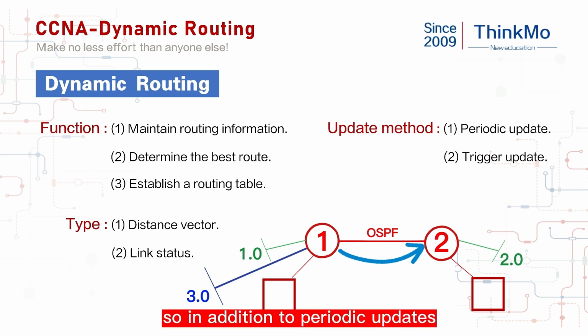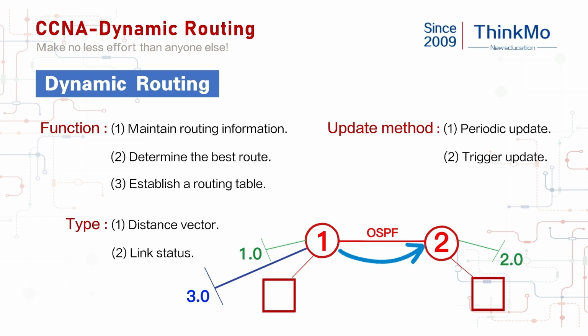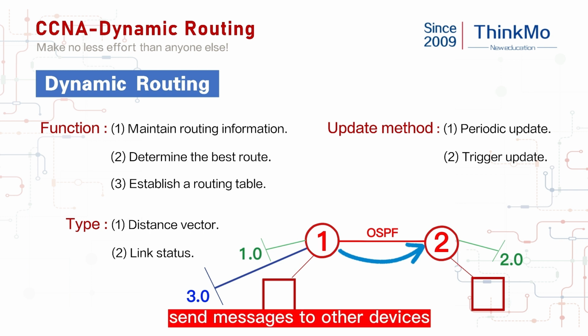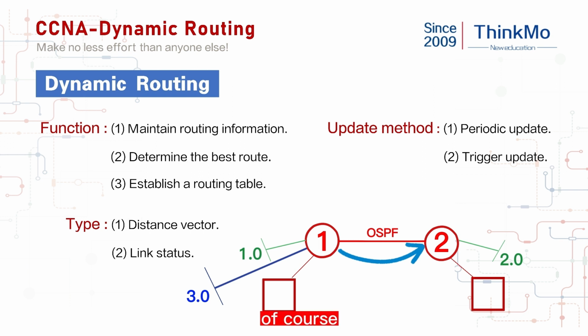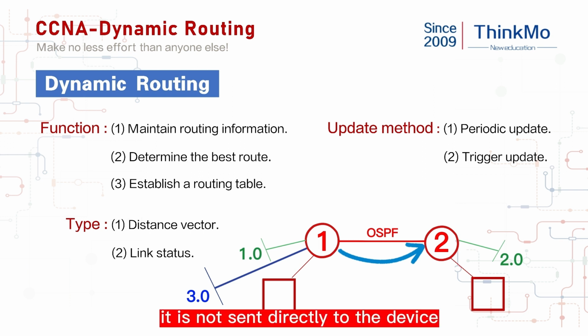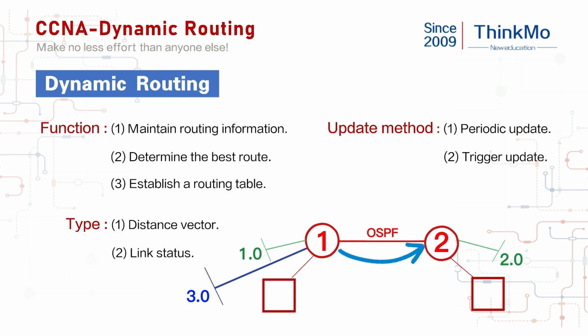So in addition to periodic updates, it also has another way to update: the triggered update. The two run in parallel. OSPF will periodically send messages to other devices, of course not directly to each device; it uses a multicast method.